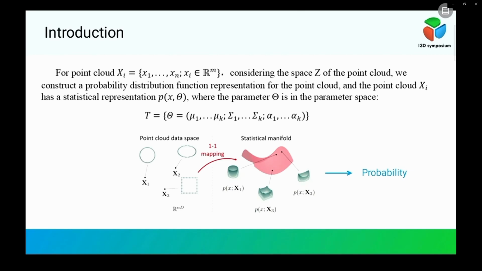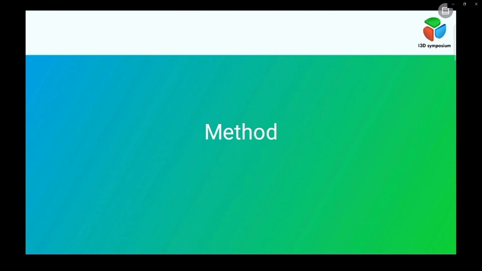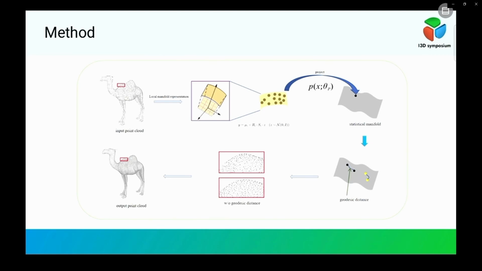The definitions related to statistical manifolds are presented above. A statistical manifold is a manifold space composed of a family of point cloud probability distribution functions. Next, we present the main components of our proposed method. The overall framework is illustrated in the following flowchart.